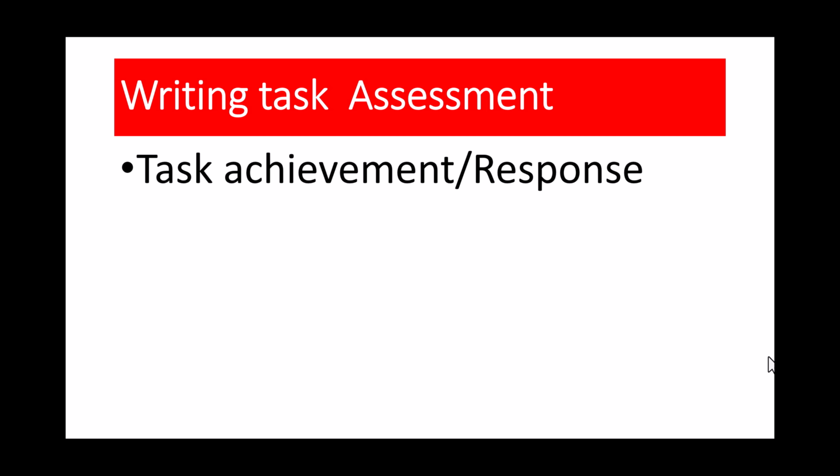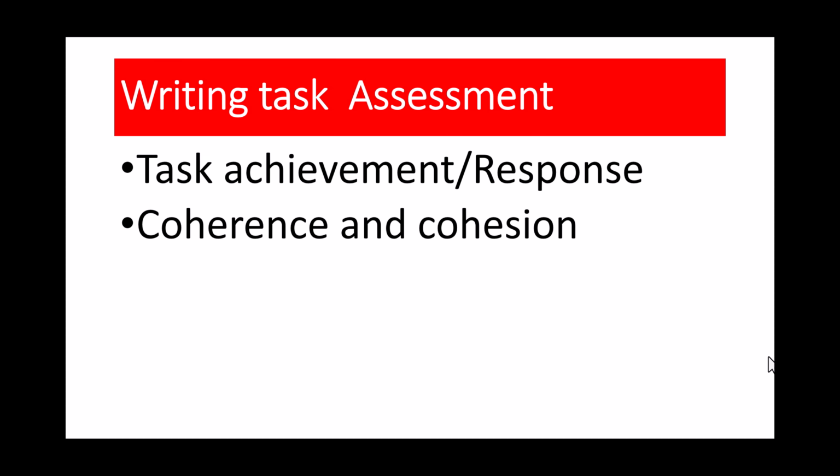Have we been able to answer the question completely, to cover all parts of it, or have we only partially addressed the question? The second one is coherence and cohesion. Coherence means, is our writing clear, meaningful, and understandable? And cohesion is the individual parts' connections. Are the sentences and the paragraphs logically connected to one another?